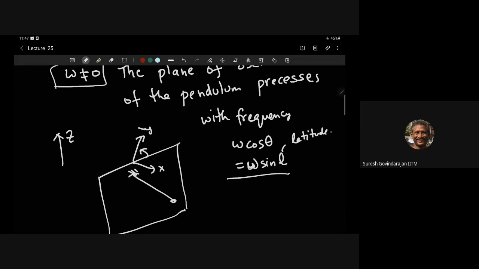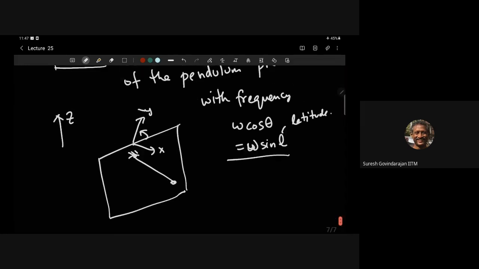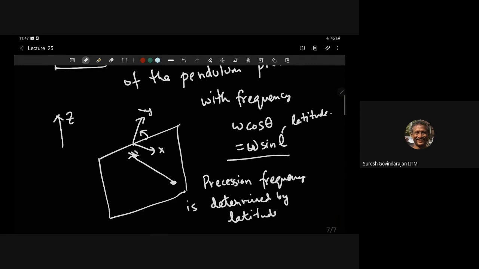Is this clear? So you can see that the precession frequency is determined by latitude. So if you can measure the precession frequency, omega we know, it is just the time period of Earth's rotation. I want you to go ahead and put all these things and compute these numbers.